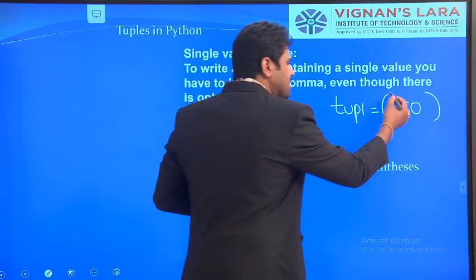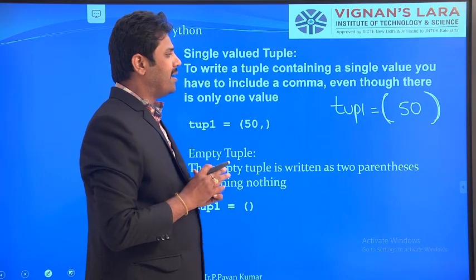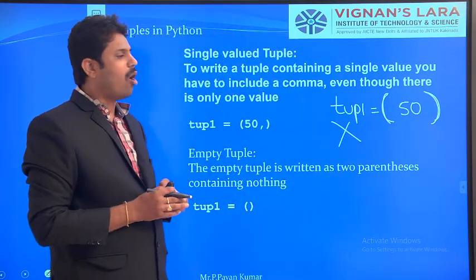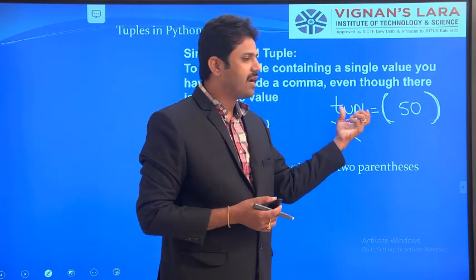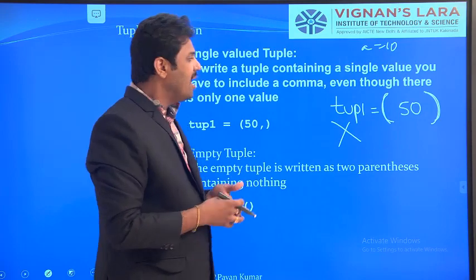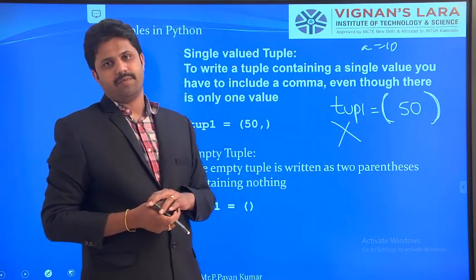You represent it with parentheses and all those things, but we do not call this a tuple. You call this a variable. A variable is created like a equals 10, b equals 20. How can you write this? Also treat it like this. This is not a tuple data structure.